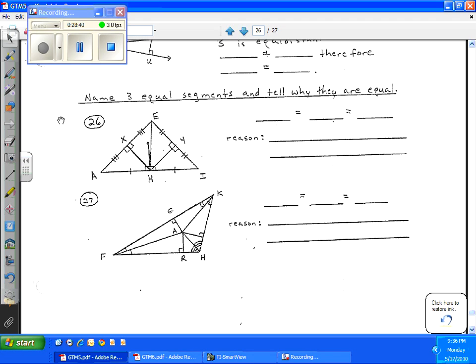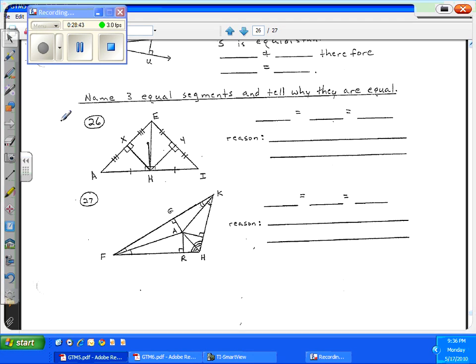Name three equal segments and tell why they're equal. When you look at the little mark 90, that tells us we have a perpendicular bisector of a side. So here we have a mark, two marks, 90. Therefore, we have the perpendicular bisector of the side.